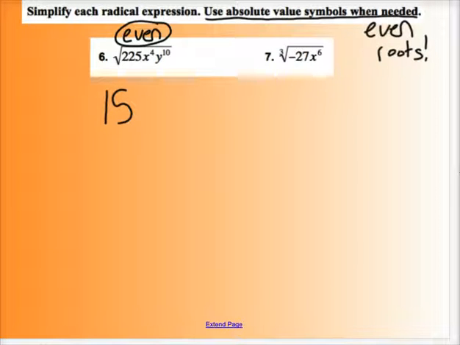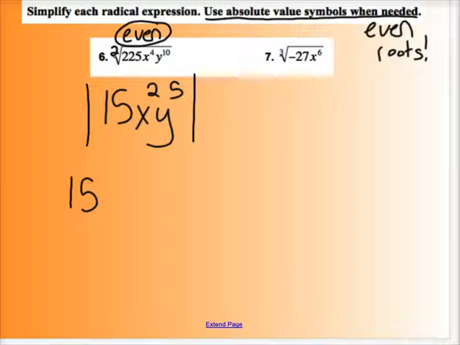X to the 4, well remember, there's a secret 2 there. Now 2 nicely goes into 4. 2 goes into 4 twice. And then 2 goes into 10 5 times evenly. But remember, we need those absolute values. Well, that number 15 never needs to be inside the absolute value because it's already positive.